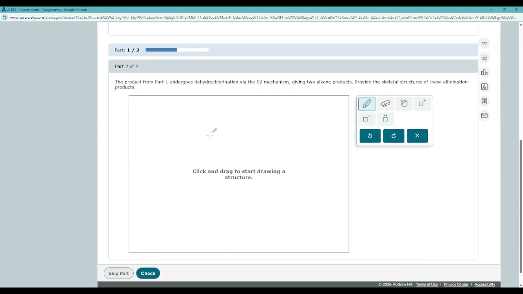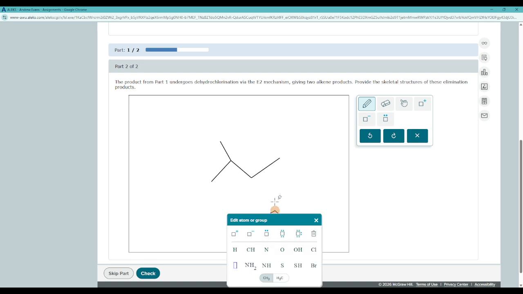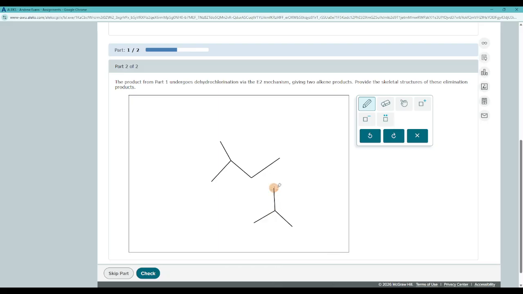Product 1 can then undergo dehydrochlorination via E2, giving 2 alkene products. Provide the structures of these eliminations. So, drawing my starting material again, because we're losing the chlorine and we're losing a hydrogen, we could form an alkene there, losing a hydrogen there.